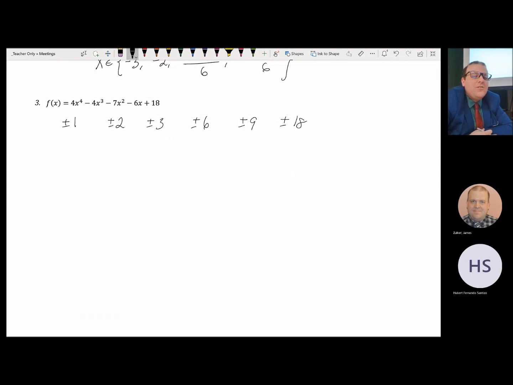Factors of 4. So now take each of the factors we just listed, divide them by 2. Plus minus a half. Plus minus 3 halves. Plus minus 9 halves. Those are the new ones. Right?